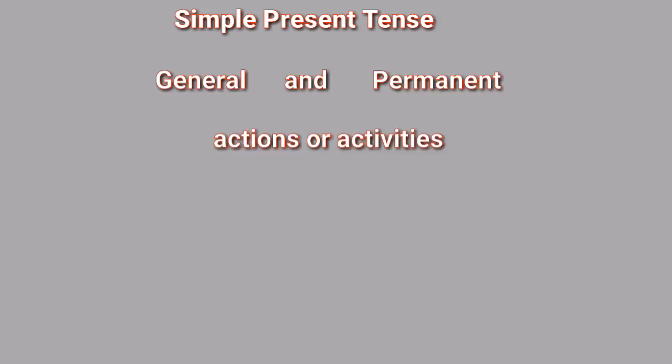First, I want to give you a little overview about simple present tense. We use simple present tense for general and permanent actions or activities. For example, I work at the bank.